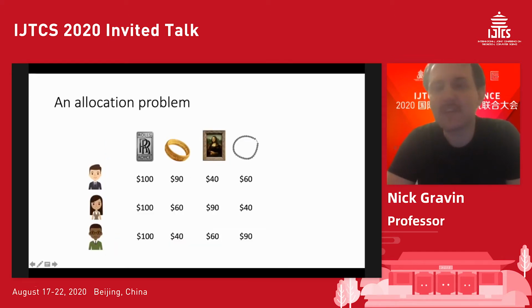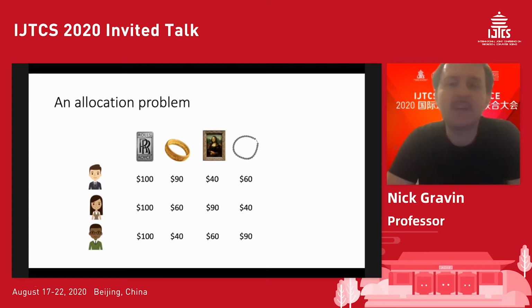Because it's additive evaluations, it's really easy to visualize the setting as a table. For the set of columns, we have a set of items, and for the set of rows, we have agents, and then each agent has a value for any particular good. Let's say the first agent has a value 40 for the painting, and 90 for the ring, and so on.